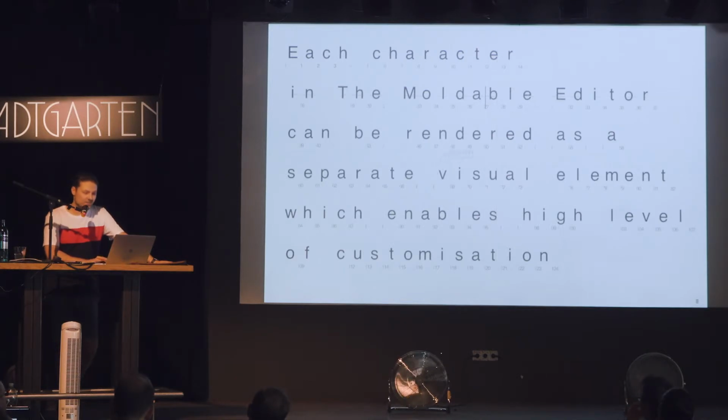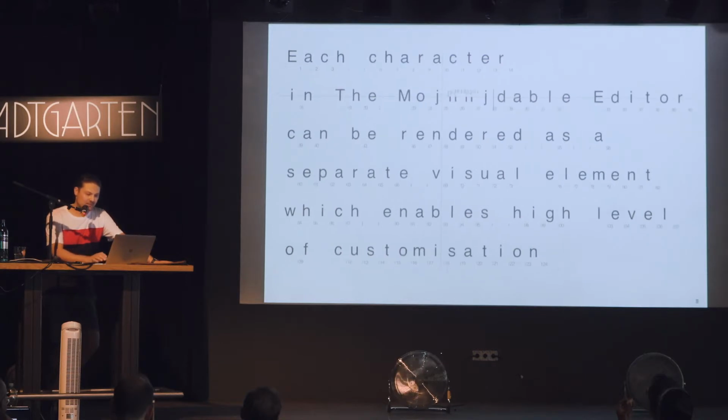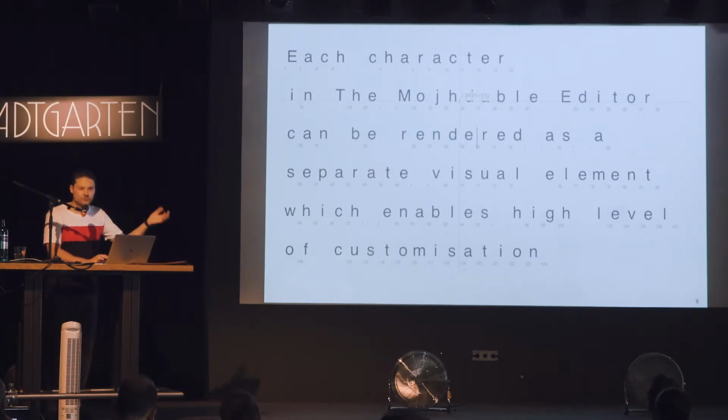So in this case, we just changed the way the multiple editor is rendered, and in this case, every character is an element. It still behaves exactly the same way as the normal editor. You can select multiple lines, but we also changed a little bit how the cursor is represented.